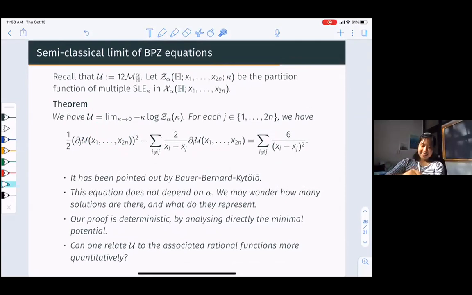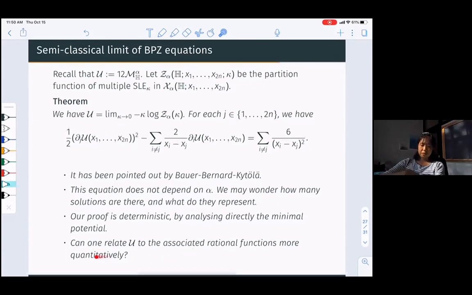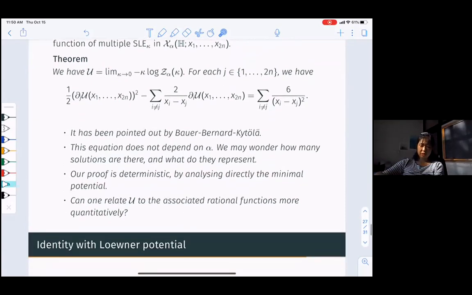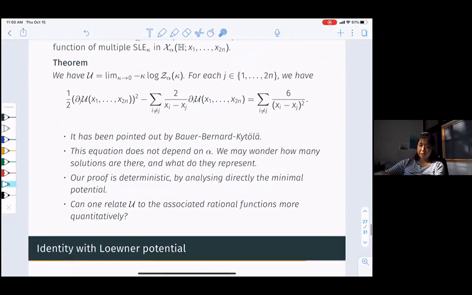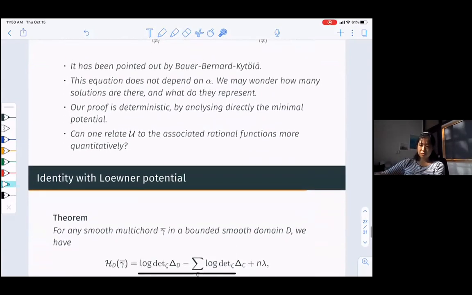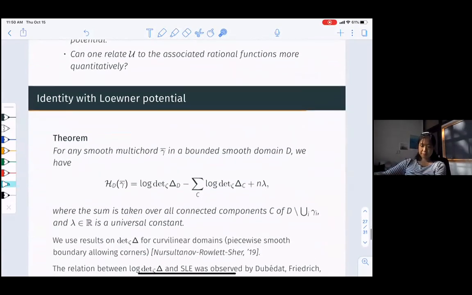Here you have a relation between the minimal potential and a certain family of differential equations, and it'd be interesting to relate more explicitly this minimal potential to the associated rational function. And we have no clue. It will be very interesting to know how to do this.